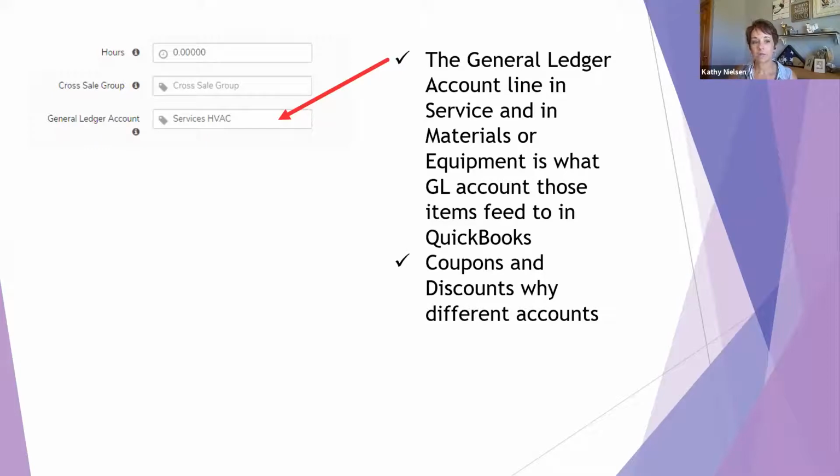In your price book, there's a general ledger account line. So on a service, this is generally an income account. That's just your revenue account. You don't have to say, for example, HVAC income or plumbing income.